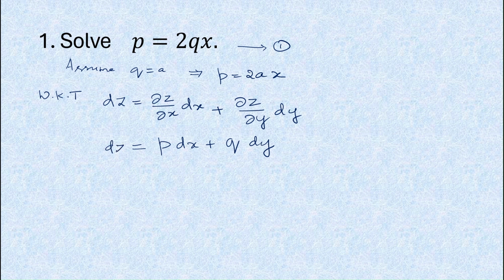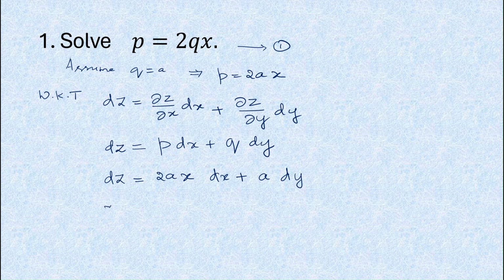So we can have dz is equal to p dx plus q dy. Now already we have assumed q is equal to a, which gives you p is equal to 2ax. Now we can use it here. So dz is equal to 2ax into dx plus again q is assumed as a, so we can write a into dy.